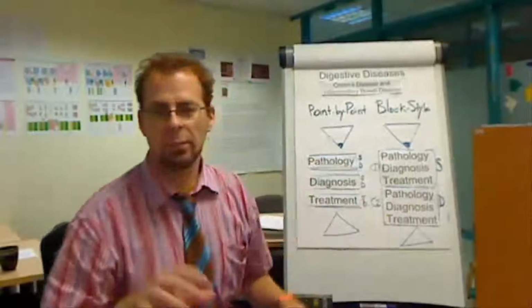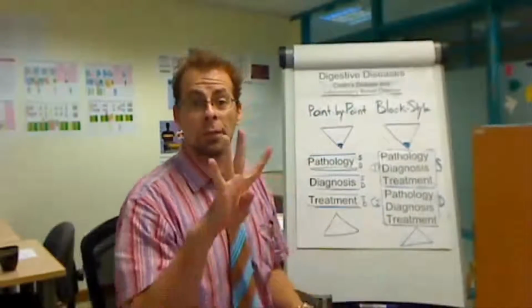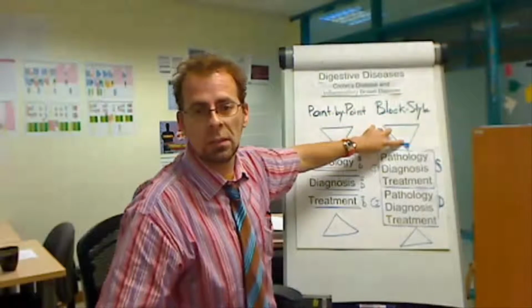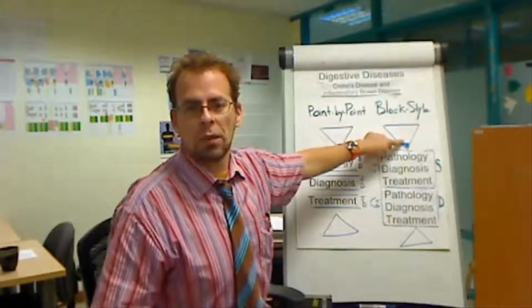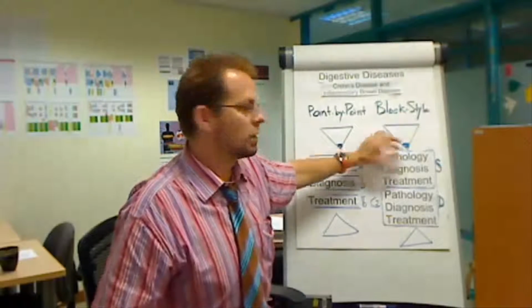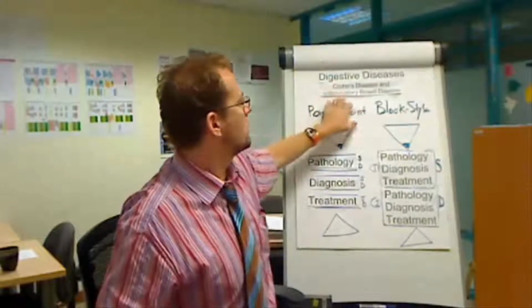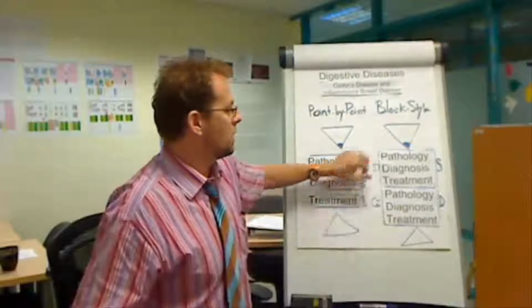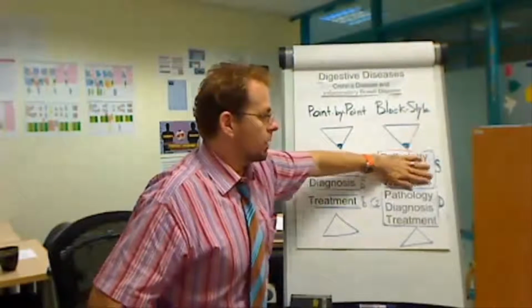Let's imagine in a very basic way that we have 4 paragraphs. We have our introductory paragraph with the thesis statement: In this essay, I'm going to compare and contrast the pathology, diagnosis, and treatment of Crohn's disease and inflammatory bowel disease. Okay, there's a thesis statement. And then we have the first block.